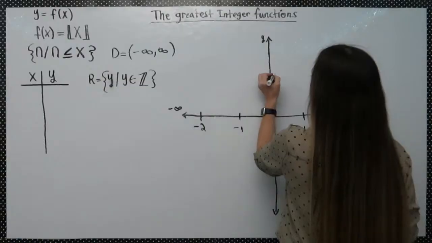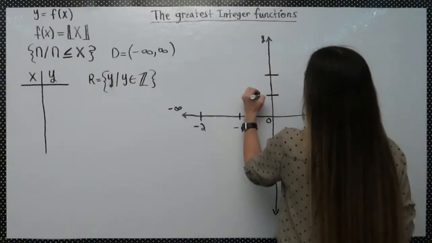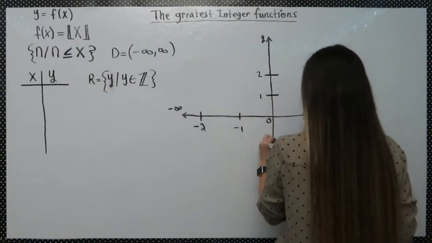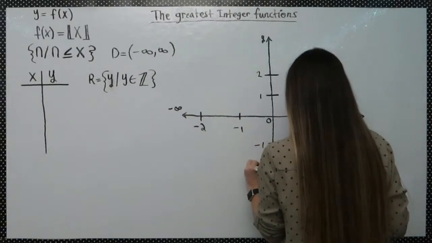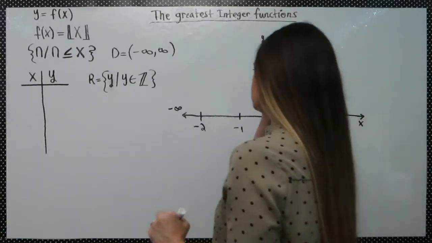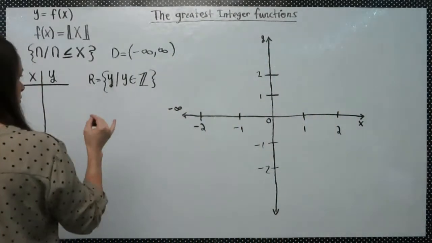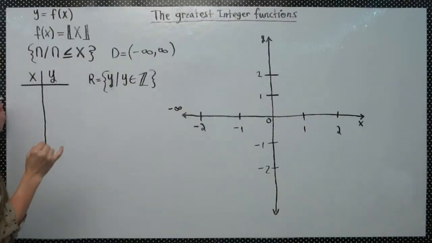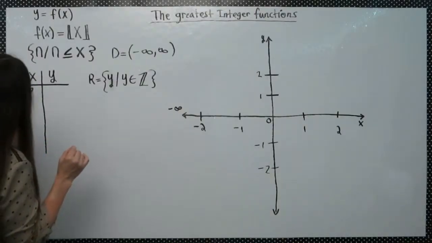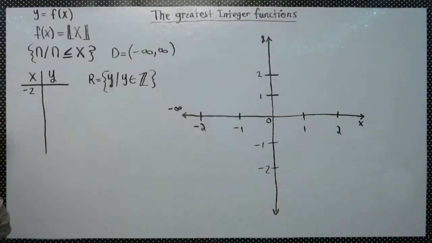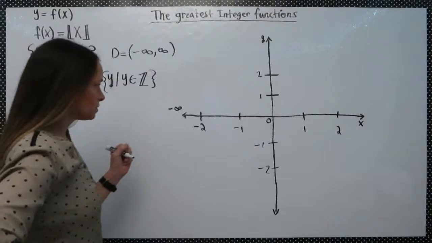So let's see what's going on. Let's see how this is going to go. 1, 2, -1, -2. All right. So what I will do is I will pick -2. And let's go ahead and list the domain.